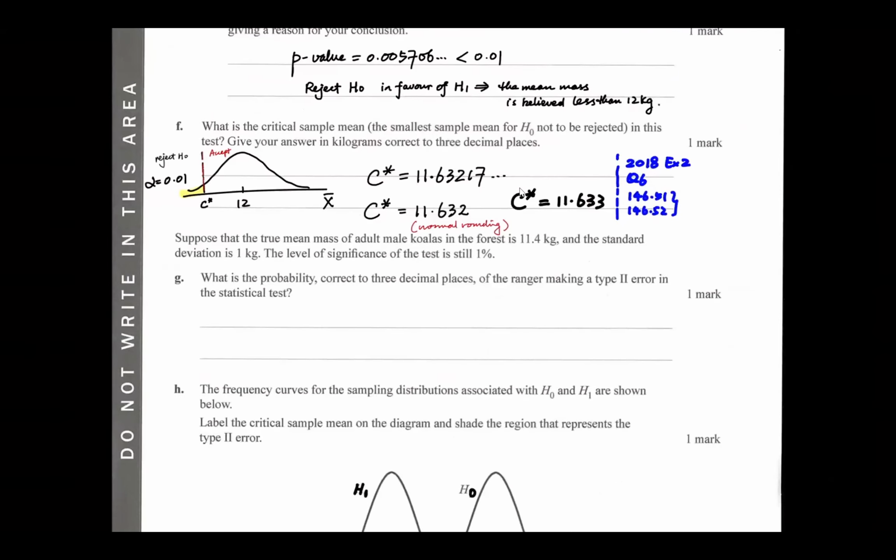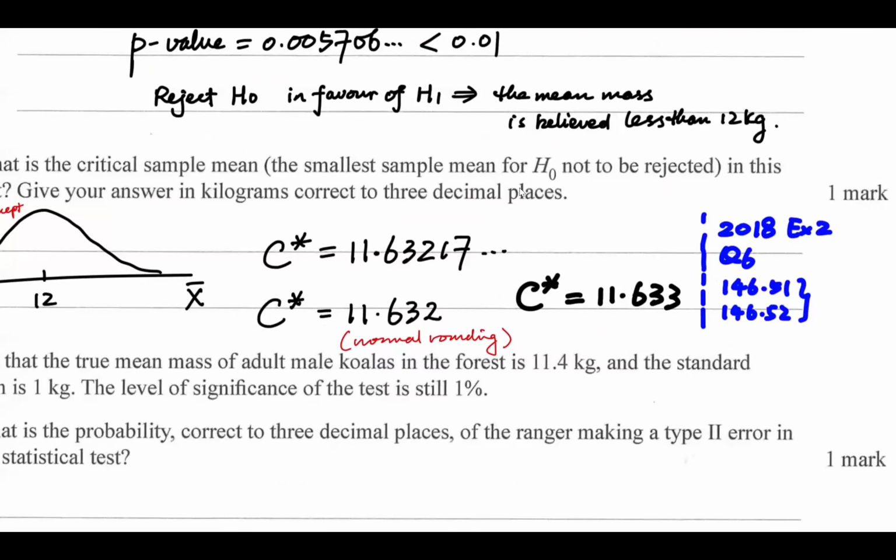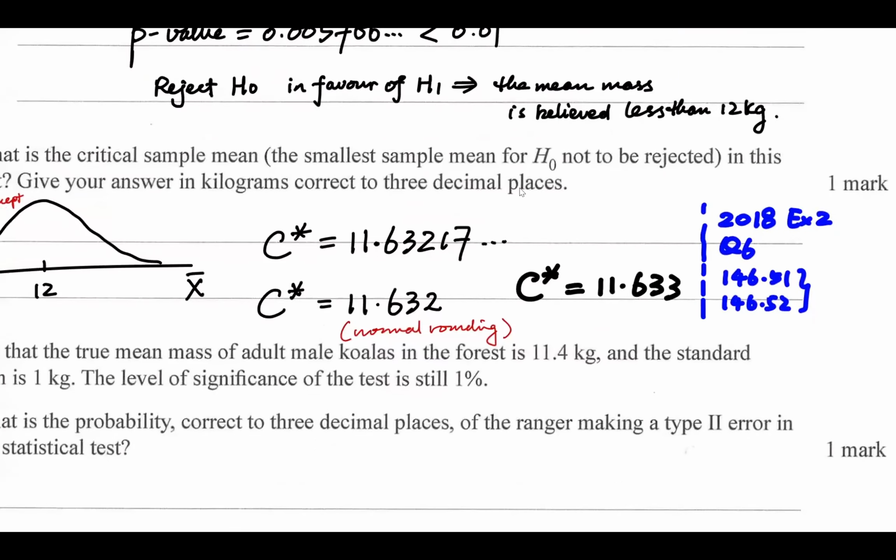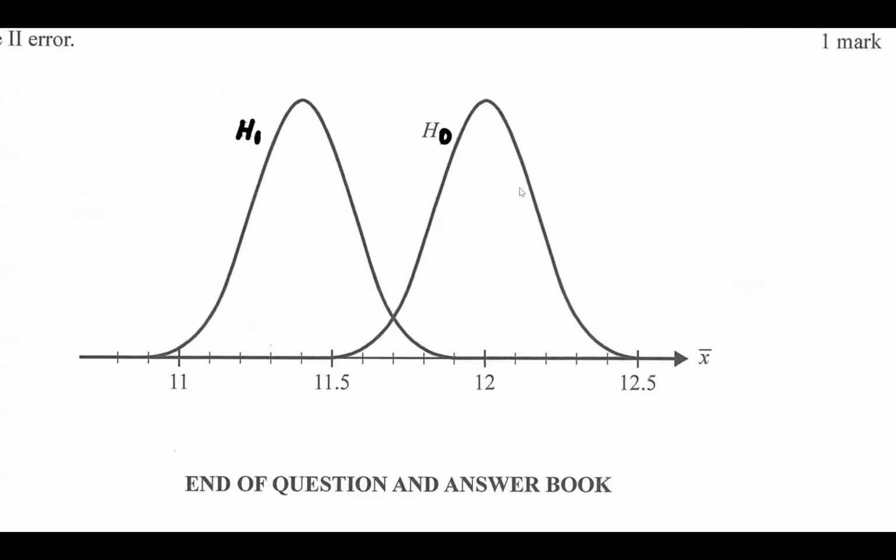So basically, I've got 11.632 or 11.633, something. That is the C star, 11.632... And before this bit was alpha, okay, under the old curve.